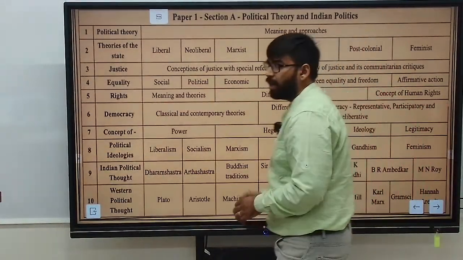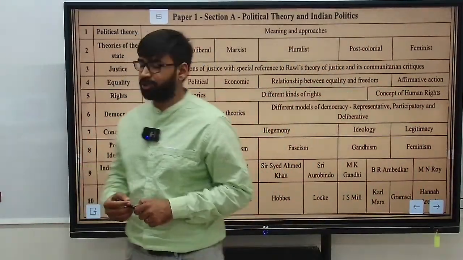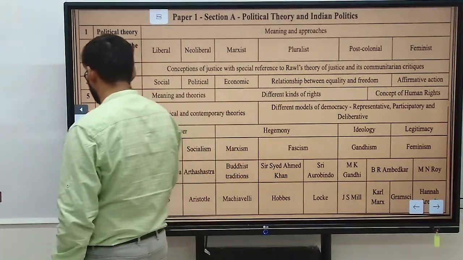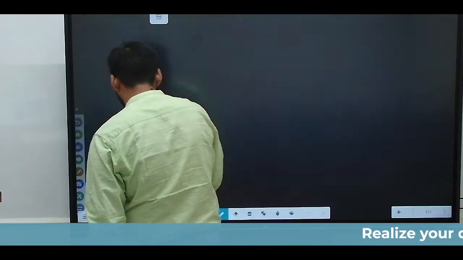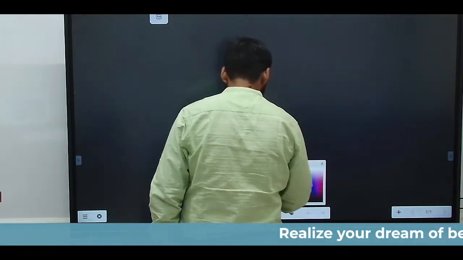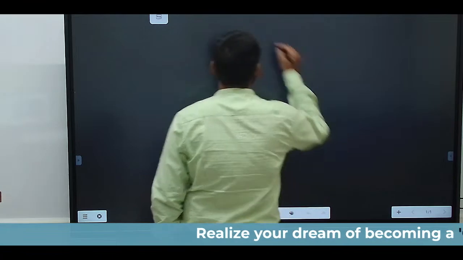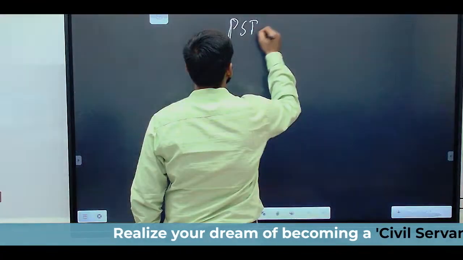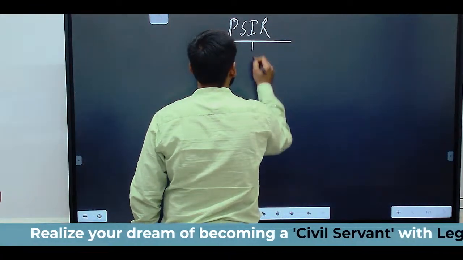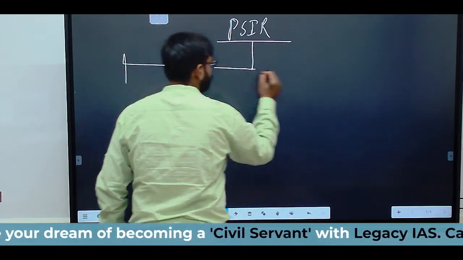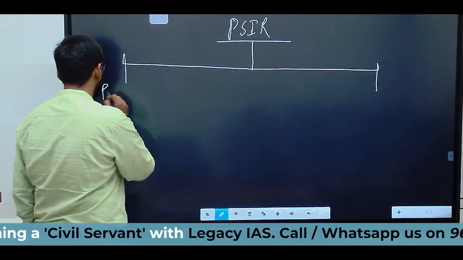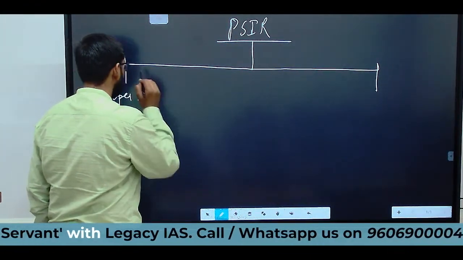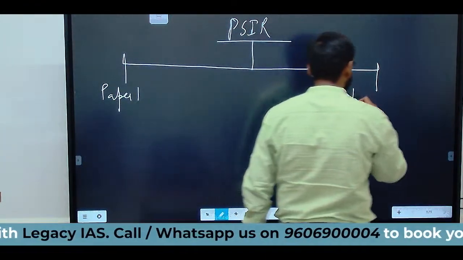As we all know, an optional subject consists of two papers. The same case is with PSIR also. So there are two papers, paper 1 and paper 2.